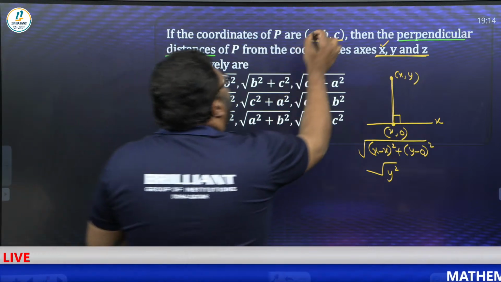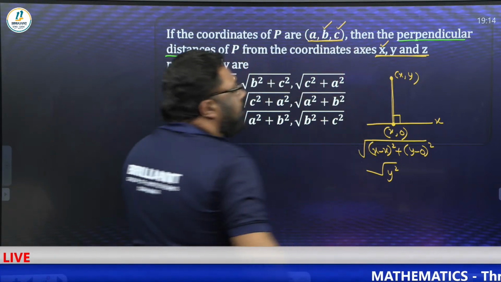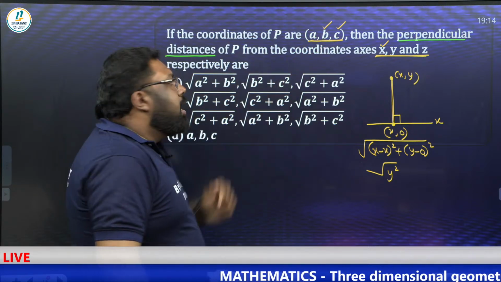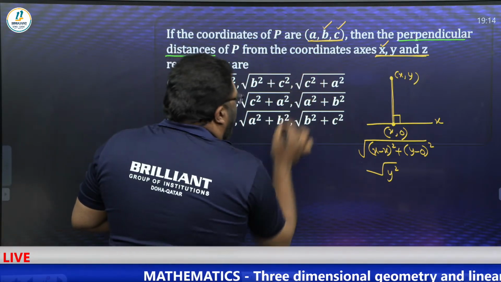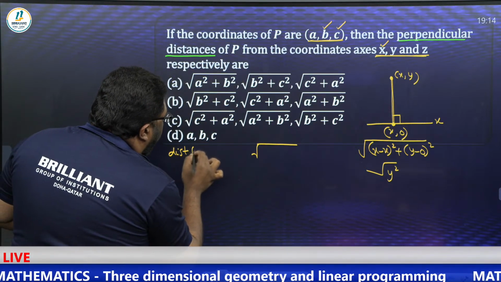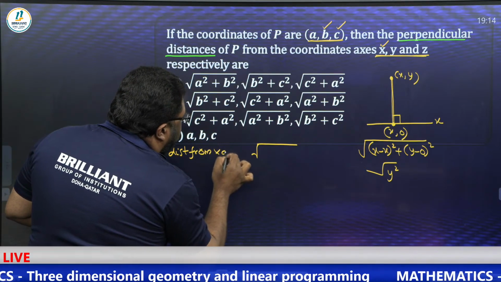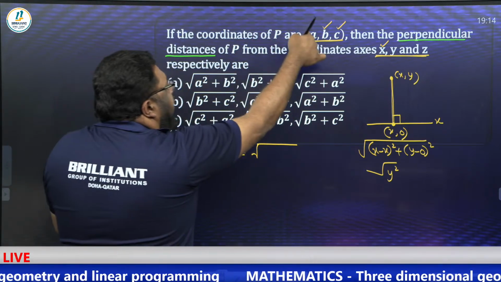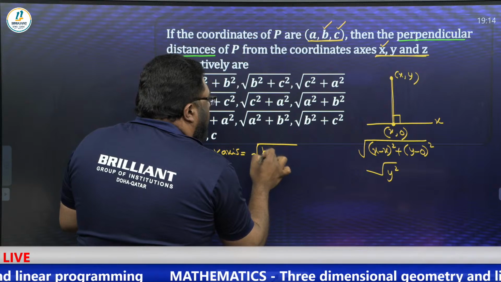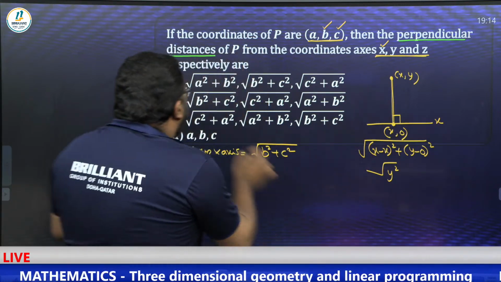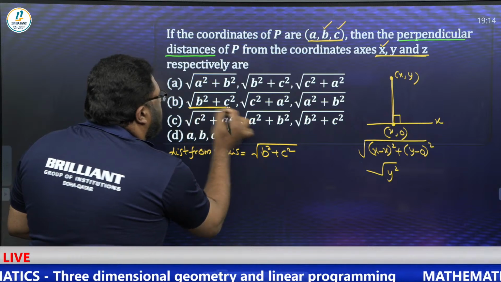All of you please look at the y coordinate. What's the y coordinate? B. Z coordinate, C. So the distance from x-axis will be nothing to do with x coordinate but y and z. Square root of B squared plus C squared.